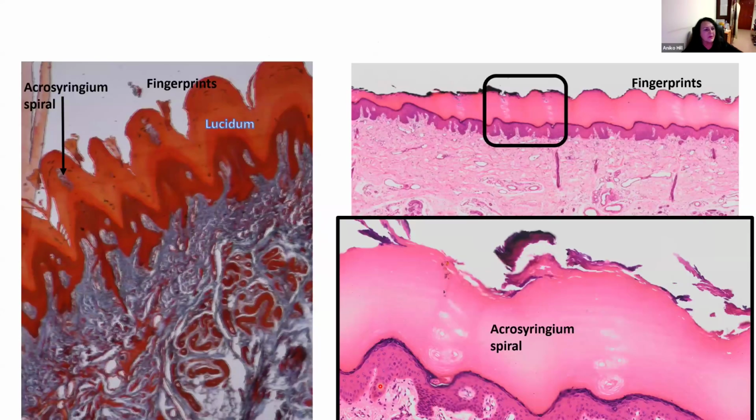Okay, so now this image is comparing for you the orange thick skin and the pink thick skin. So here you can really nicely see the fingerprints up and down, up and down. And what is really nice is that this is the only slide where I can really show you the stratum lucidum of the thick skin.